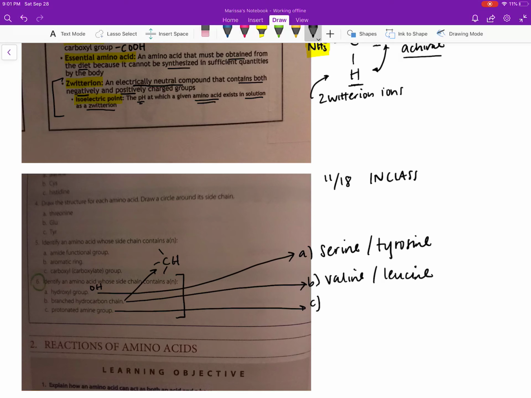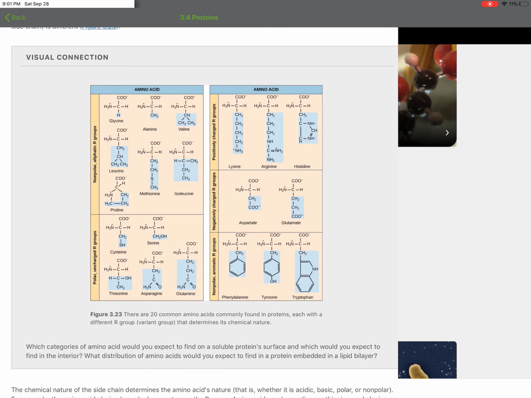And the last one says look for a protonated amine group. Since it's protonated, we are looking for an NH3 plus in the blue box, because we're only focused on the side chains, which are the things that are in the blue box. So let's go back, and we're looking for a protonated amine group. I don't see any in the upper left. I don't see any in the lower left. I don't see any in the bottom right or the group above that.